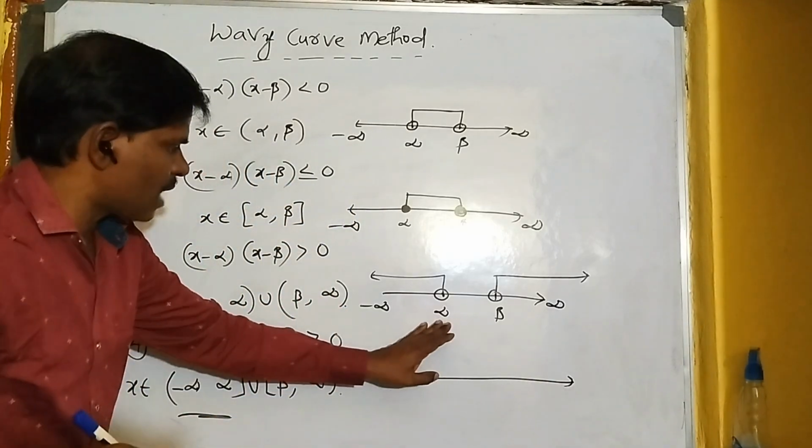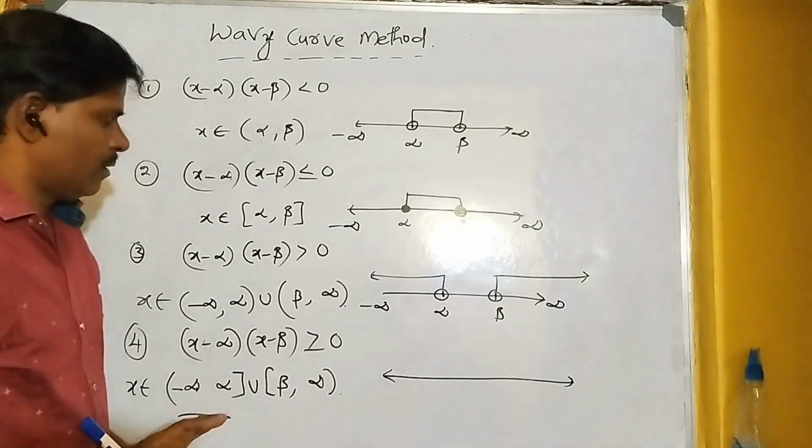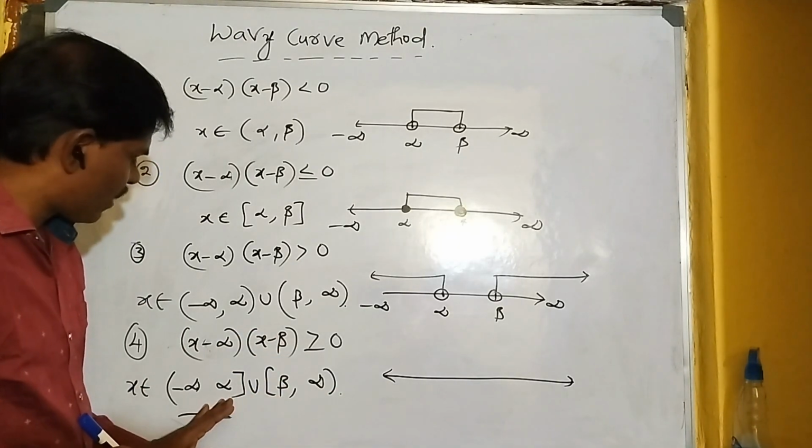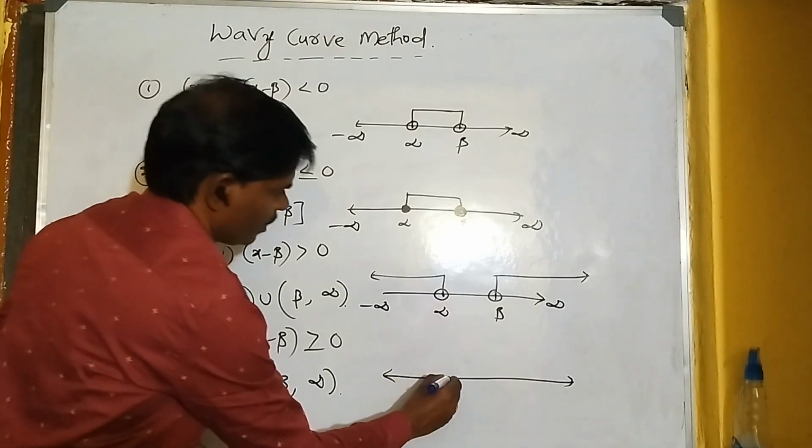In this case alpha and beta are not included, meaning open intervals. In the next case they are closed intervals.